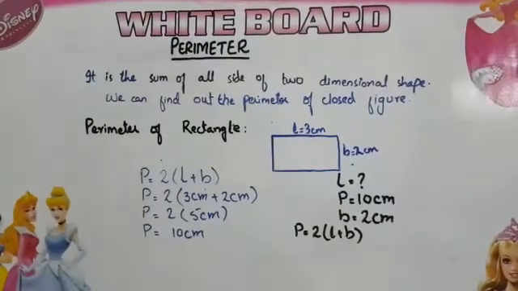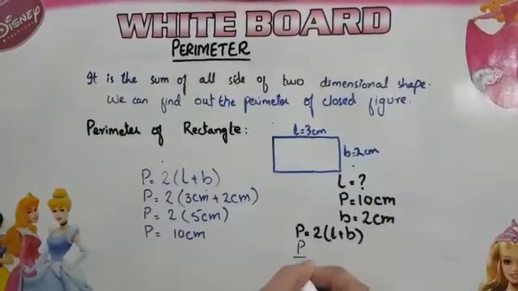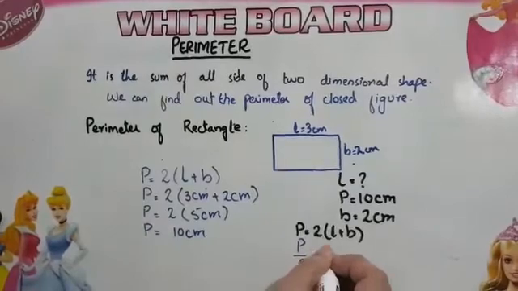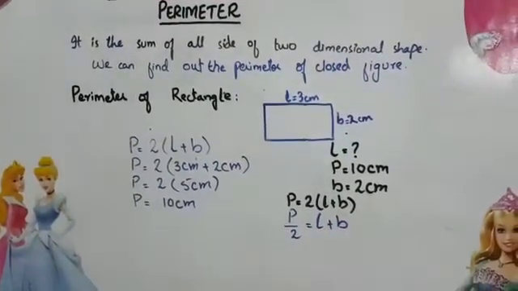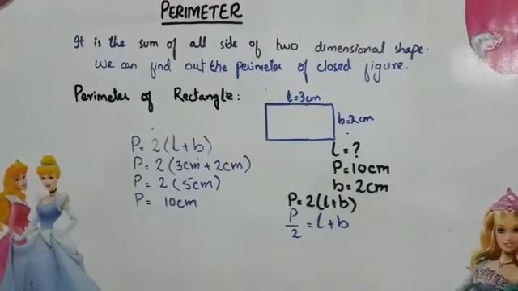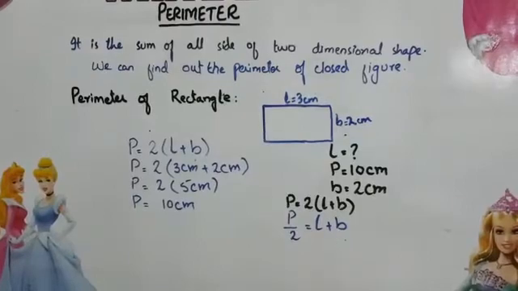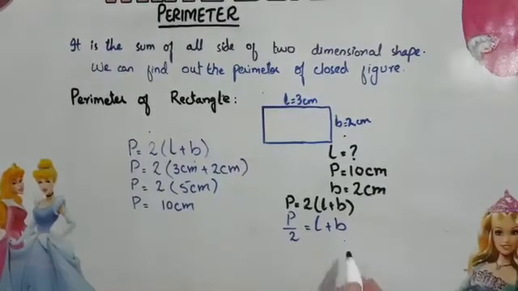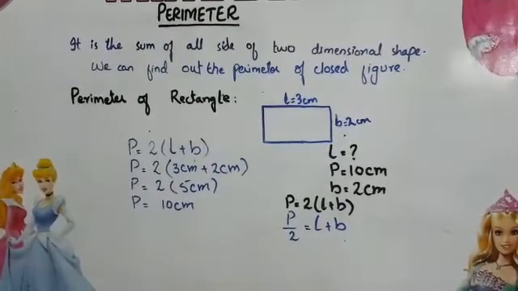So take 2 in the denominator of perimeter. And as we have to find out the value of L, and here B is adding, when we take it to the left hand side, it will be subtracted from the other number.